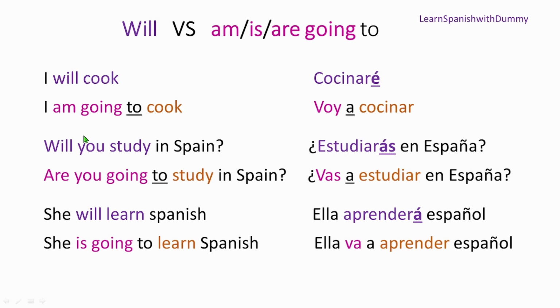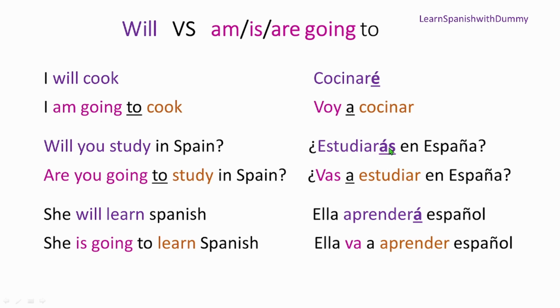Now, will you study in Spain? Say, estudiarás en España. Estudiarás means will you study. España is Spain. Now, if you say, are you going to study in Spain, that's another way to say the same thing. You remember vas means you are going to. Vas a estudiar en España.